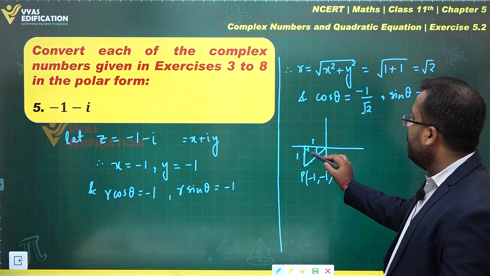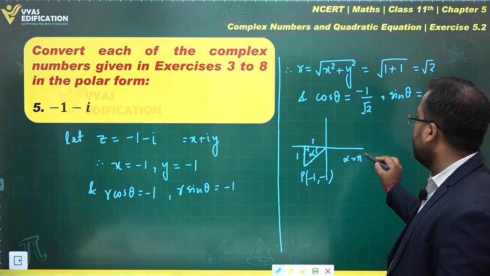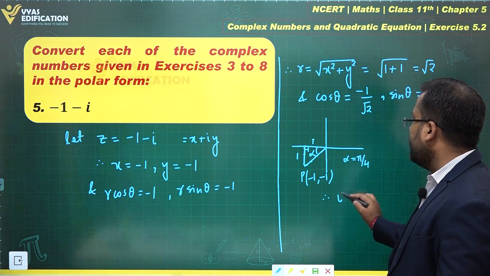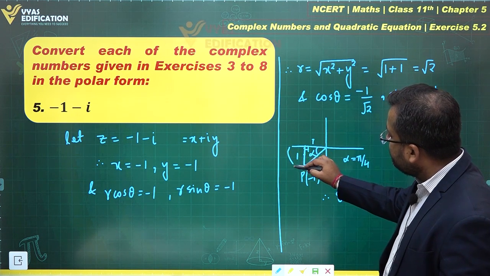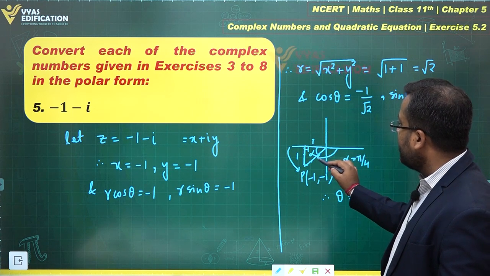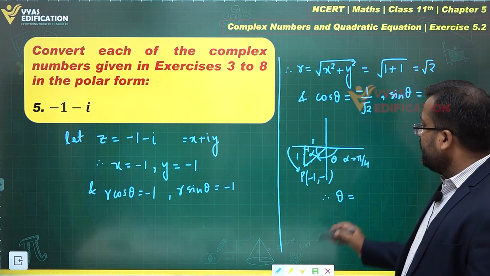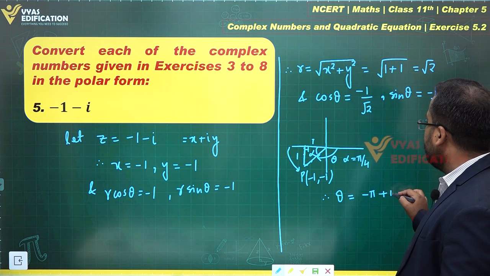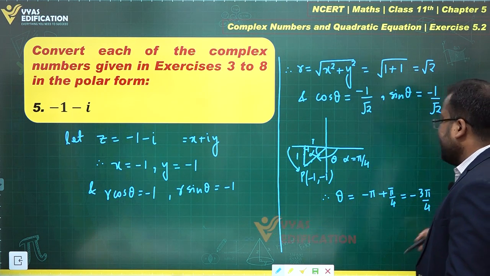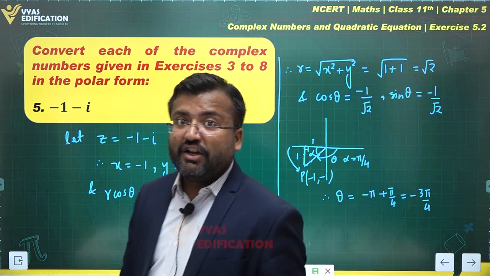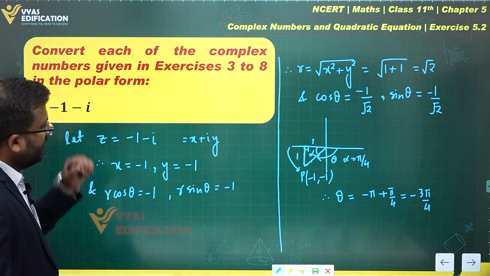Alpha would be equal to pi by 4, and therefore theta is actually equal to minus pi plus this. Theta is this angle. So theta would be minus pi plus pi by 4, which is minus 3 pi by 4. And yes, this is the argument of this complex number.